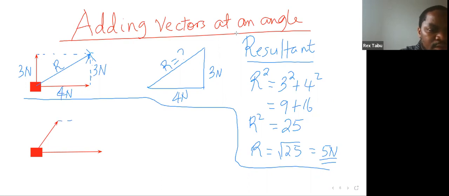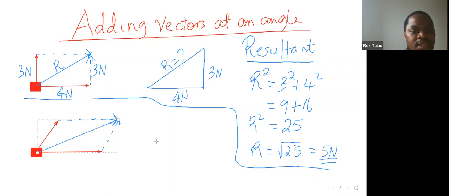So complete the parallelogram all the way there and extend it. Basically you are transferring the vectors like that, and then you draw the diagonal. That goes over there. So in this case, your resultant will be this one.